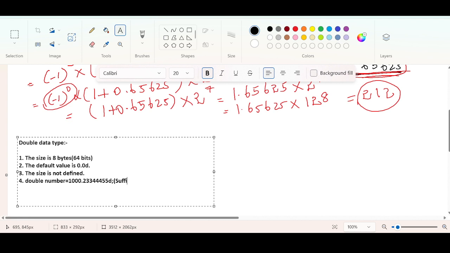So suffixing D is optional for the double data type.